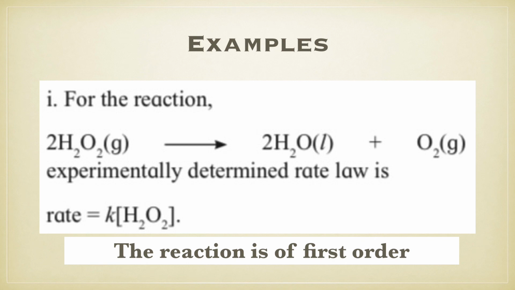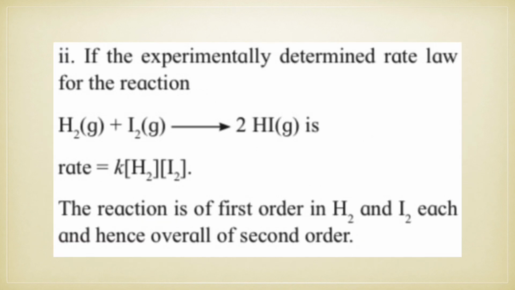Now we will see the next example. For the reaction H2 plus I2 which gives 2HI, the rate law is given as rate is equal to K concentration of H2 raised to 1 into concentration of I2 raised to 1. So the reaction is of first order with respect to the concentration of H2 and I2 each, and hence the overall order of a reaction is nothing but what?